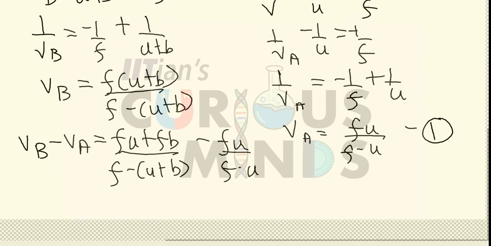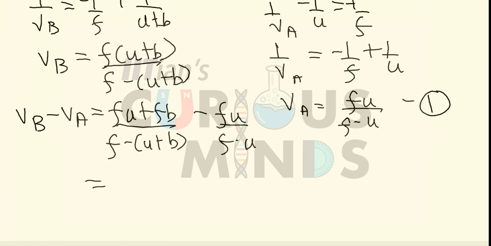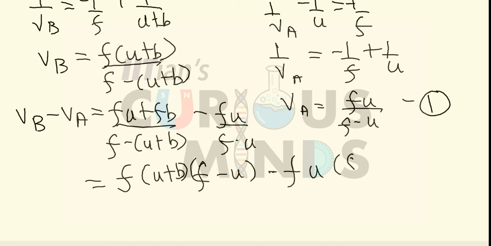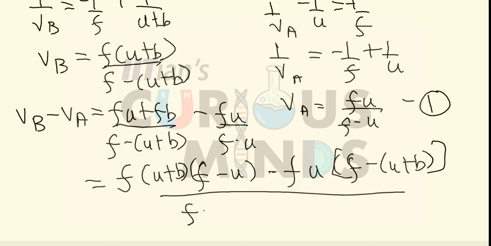Taking f common, we get f into u plus b multiplied by f minus u, minus f into u into f minus u plus b, all divided by f minus u plus b into f minus u. This is the actual method of finding it.